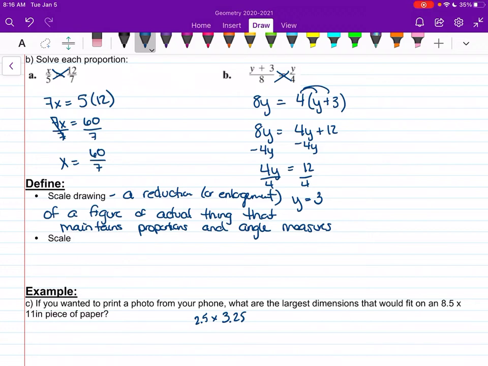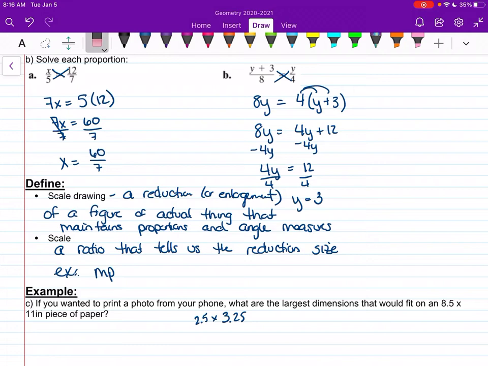Okay, so it is a ratio that tells us the reduction size. So for instance, on a map, the maps have the little keys on them and they give you the thing. So a map scale might say every 2 inches is 5 miles. Okay, something like that. So that's an example of a scale.